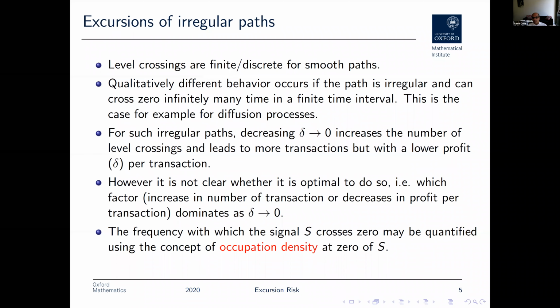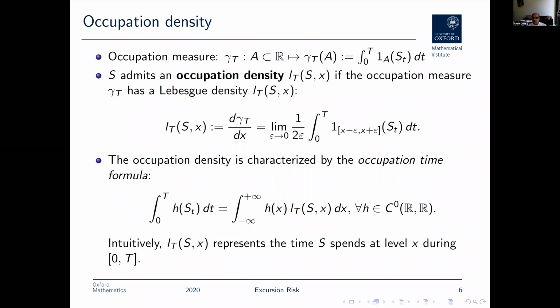And we will show now that this trade-off depends on how frequently the signal crosses zero, and this is linked to the mathematical concept of occupation density and local time at zero of the signal. So this is going to lead us to some interesting mathematical considerations in this talk.